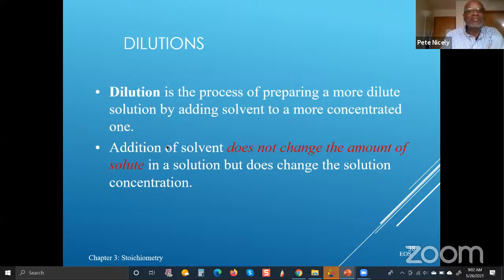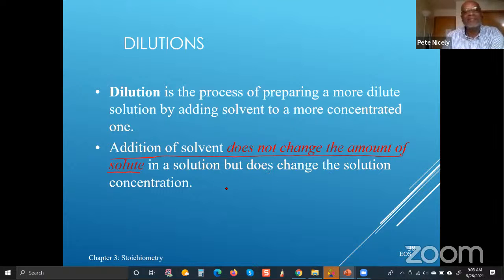Okay, the key thing you need to remember when it comes to dilution is right here. The addition of the solvent does not change the amount of solute in the solution. Very important. Basically all you're doing is increasing the volume by adding your solvent, but you're not changing in any way the amount of solute.